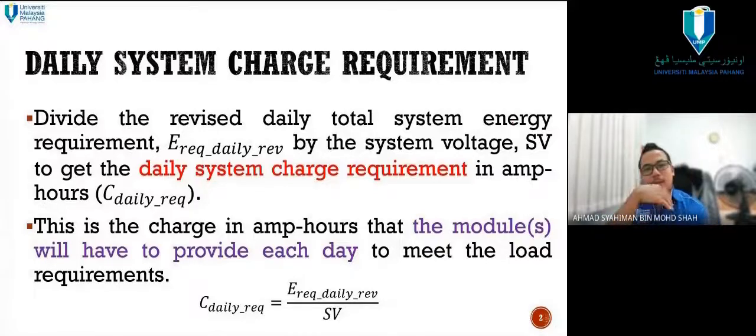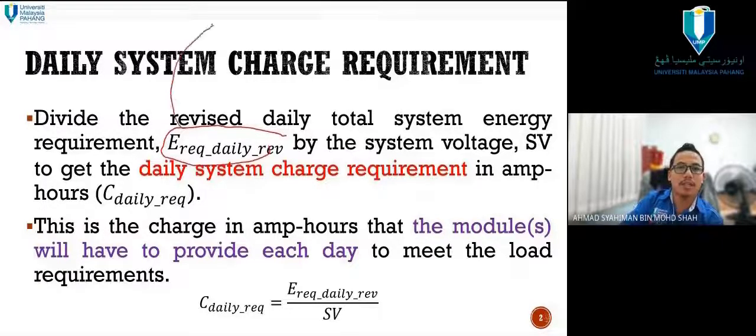After that, then we go for the daily system charge requirement. Okay, the system charge requirement, it's very easy. Divide the revised daily total system energy, blah blah blah. These are the loads that are already revised that we have learned last week. Yang total demand tu. Alah, aku pun tak ingat dia punya equation apa.